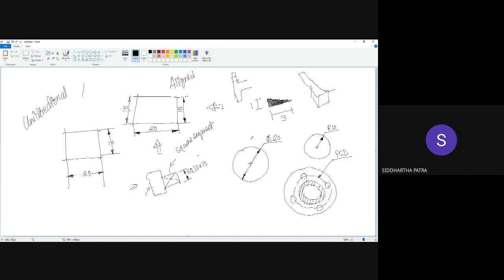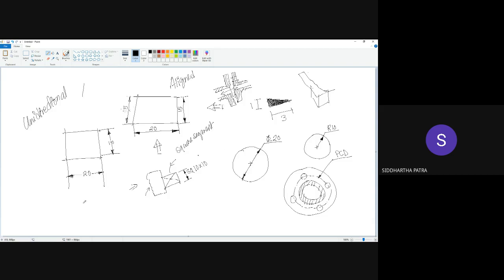Okay, so the idea is you have a pipe, and again I'm drawing the section view. When you are joining with another pipe, you make a flange, which is nothing but a thin cylindrical protrusion. So this is the direction of the pipe.